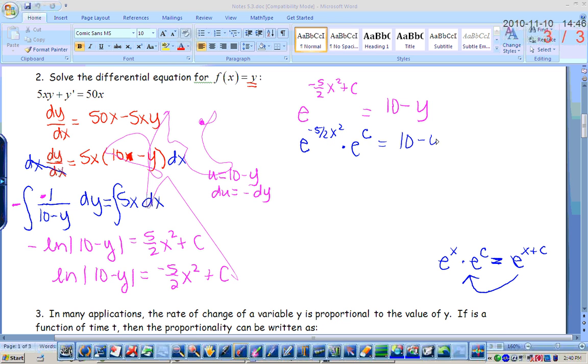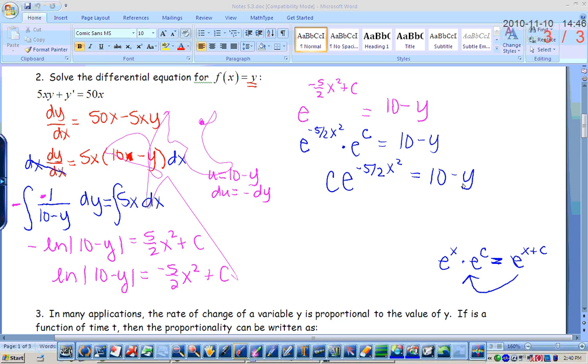It's nothing more than another constant. So e to the c can be thought of as a constant, and I'm just going to put that in front and call it c times e to the negative 5/2 x squared. And that equals 10 minus y.